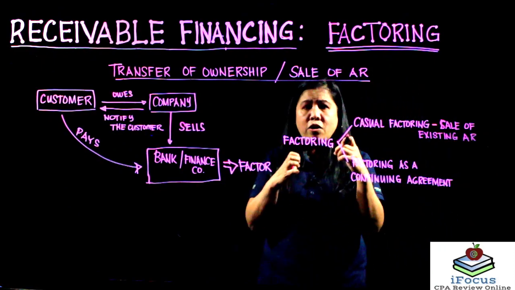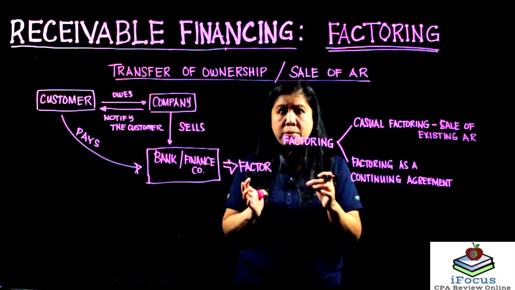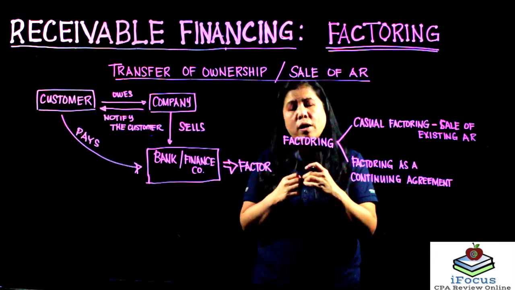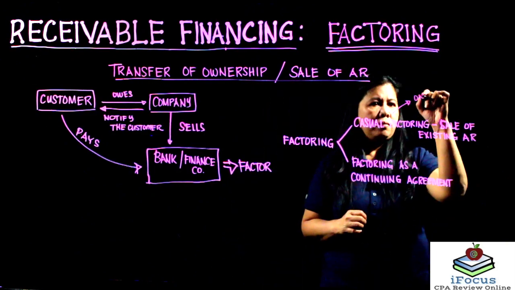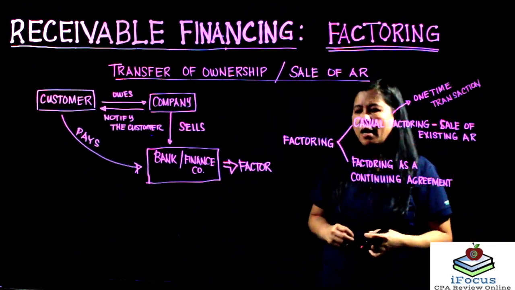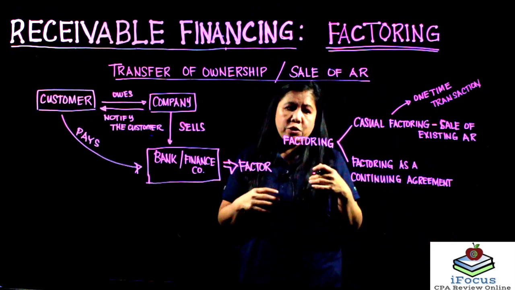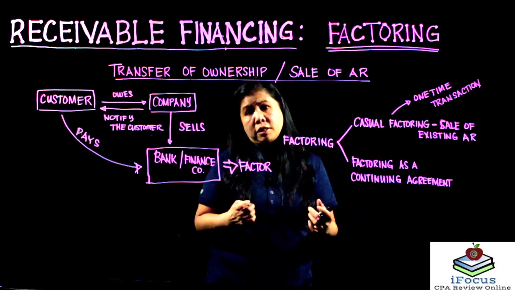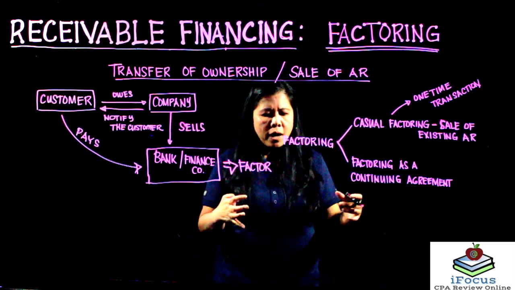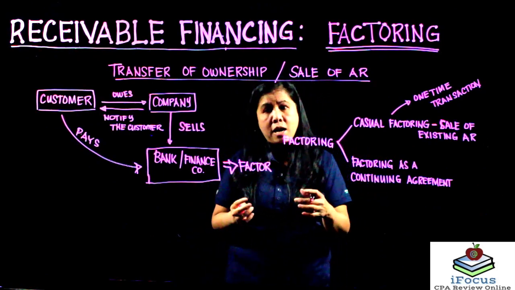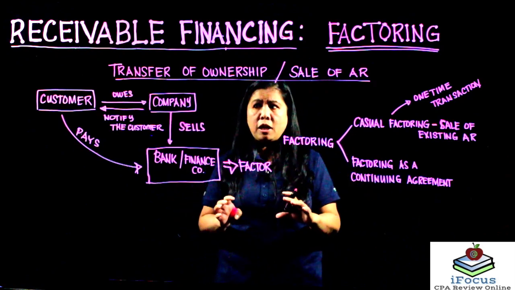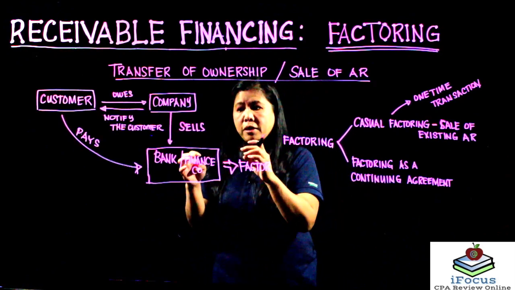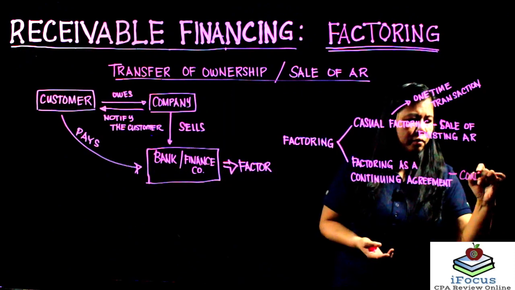Alright, this is a sale of your existing accounts receivable. This is a one-time transaction. Okay, then the other one is a factoring as a continuing agreement. So, ano ba itong factoring as a continuing agreement? So, as the company generates an accounts receivable, automatic, itong company na ito, binibenta niya agad ito sa factor.